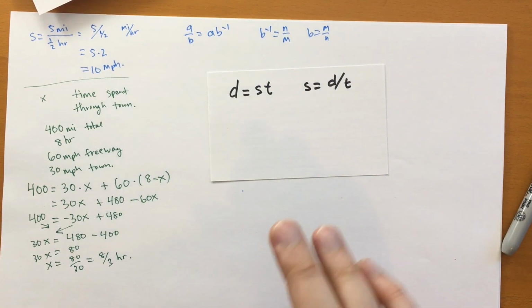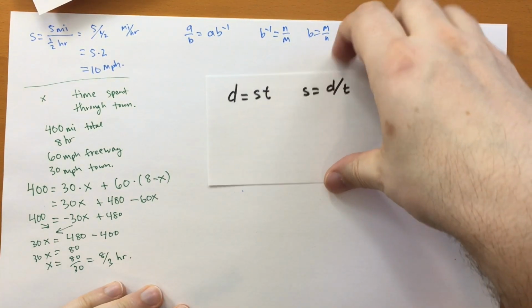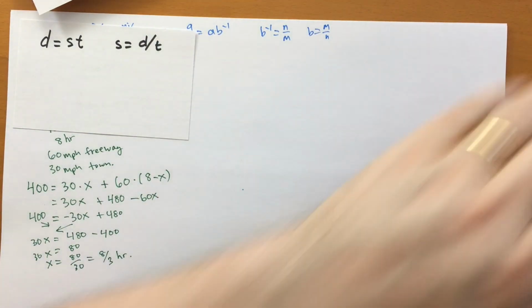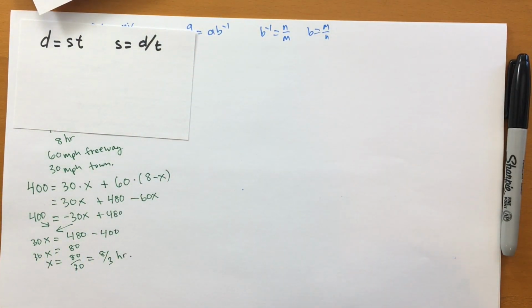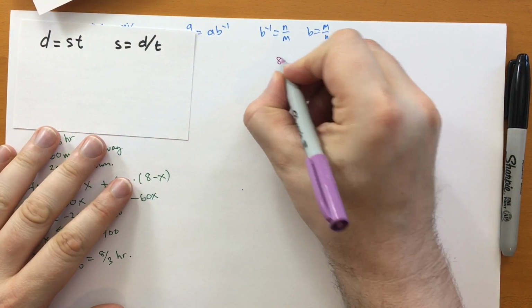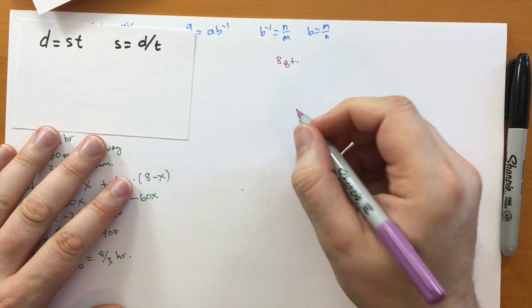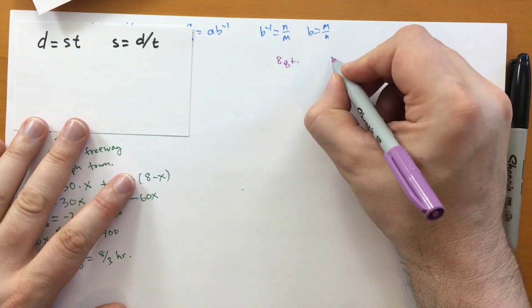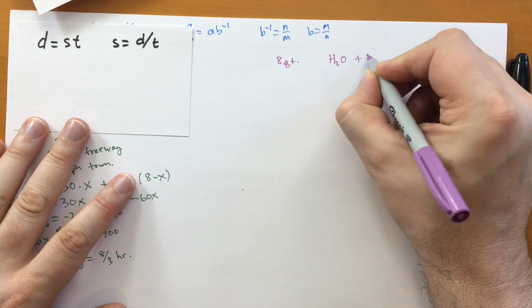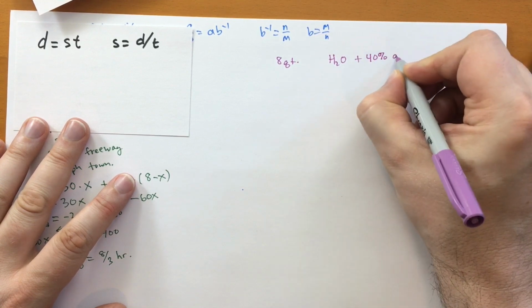Another example, the radiator of a car. Let's use our purple pink color. A radiator of a car contains 8 quarts of liquid, consisting of water and 40% antifreeze. So it's H2O plus 40% antifreeze.